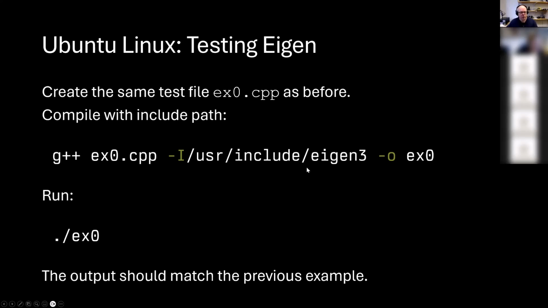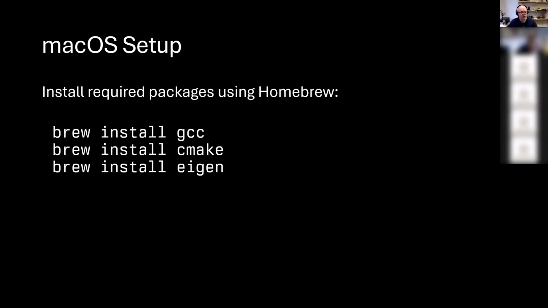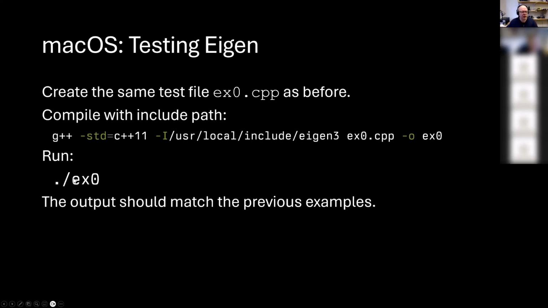Otherwise, very similar to what you do on Cosmos. On Mac OS, you'd brew install the GCC compiler toolchains and then install Eigen as well. And then compiling it on Mac, you add -std=c++11 and then the include library, your source code, and then the binary you want to output.